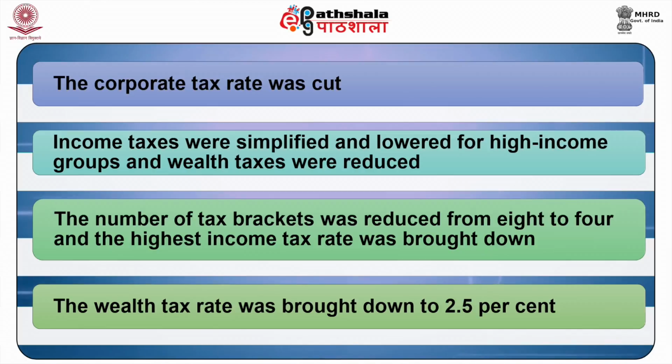The wealth tax rate was brought down to 2.5%. Secondly, modified value added tax, also known as MODVAT, was introduced in a phased manner from 1986, which was later converted to Central VAT or CENVAT in 2000-2001.